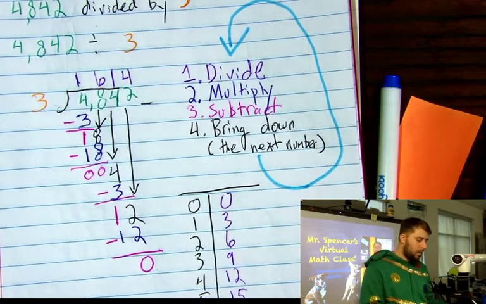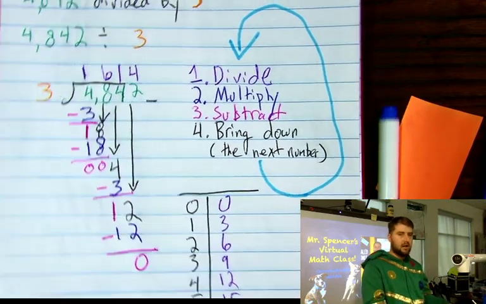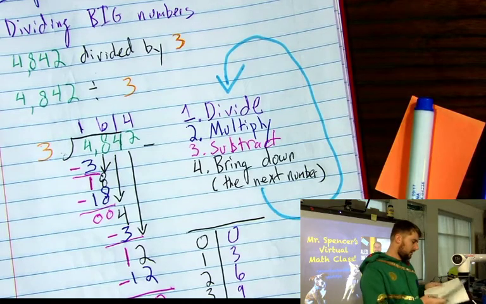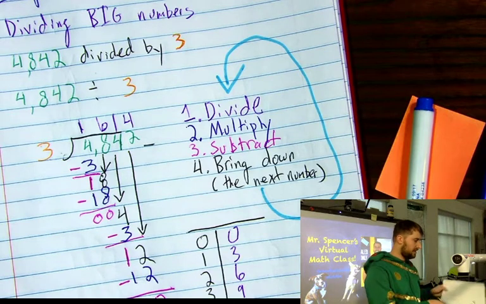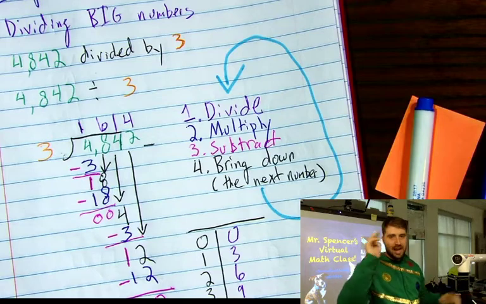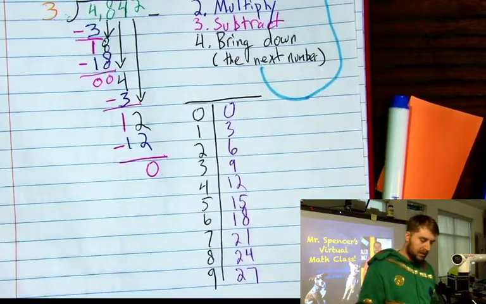We're all set. Now, we want to go ahead and check our work. How can we check our work? Well, in this scenario, it is super easy for us to check our work because we know that the opposite of division is multiplication.